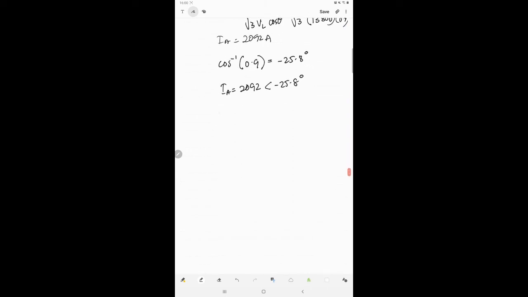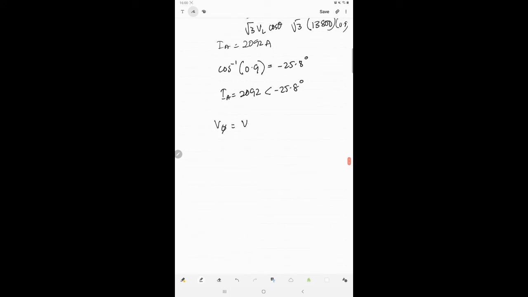V phase is VT divided by square root 3. Since this is Y connected, it is 7967 volts. So EA is simply V phase plus RA IA plus jXS IA.